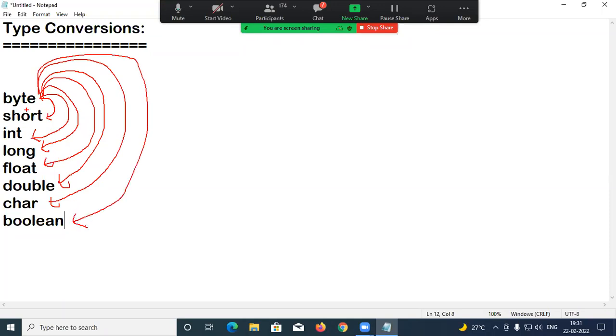Like this, 7 conversions. But the total number of data types is 8. 8 into 7. So how many conversions come? 56.